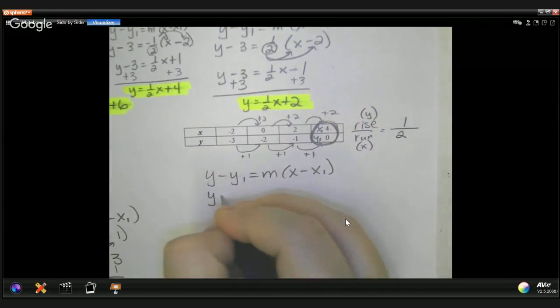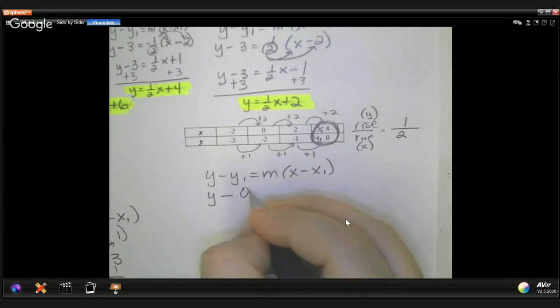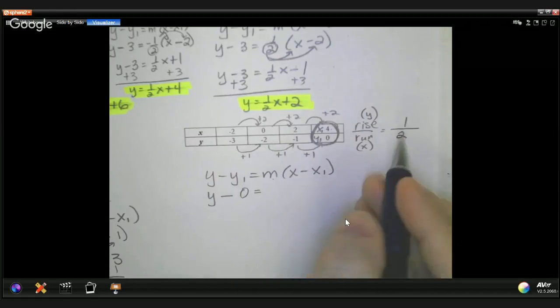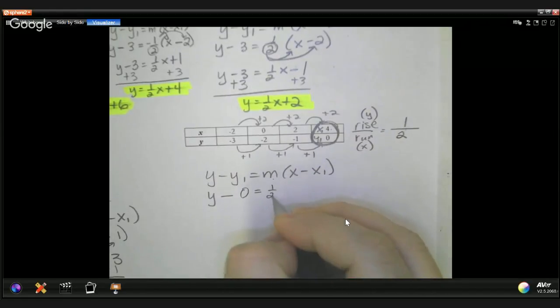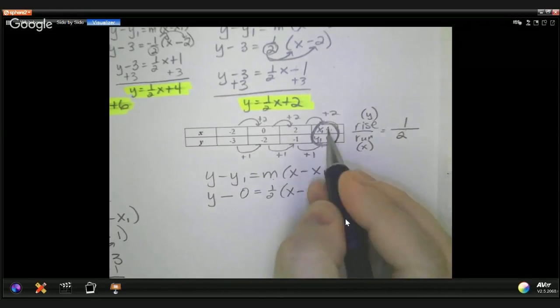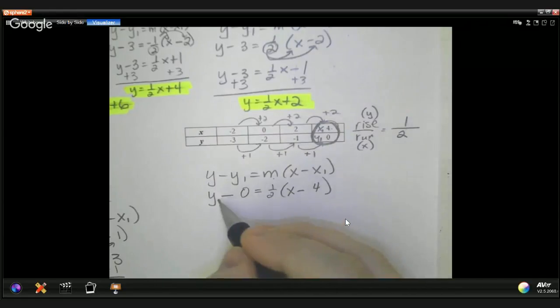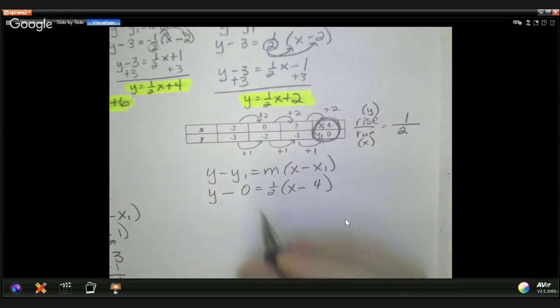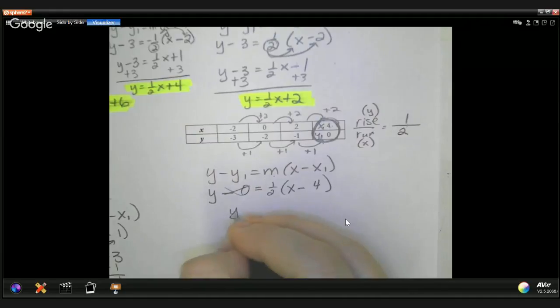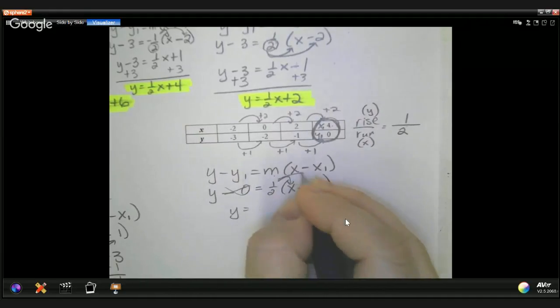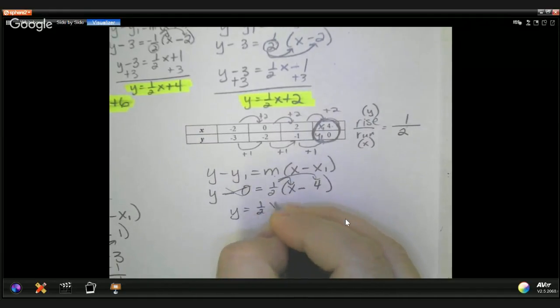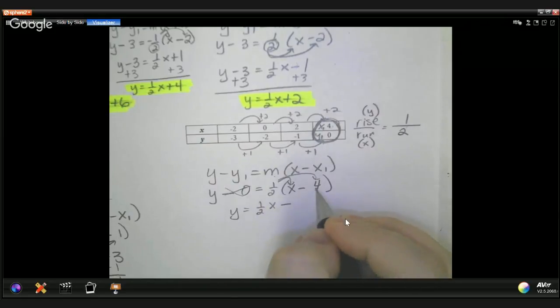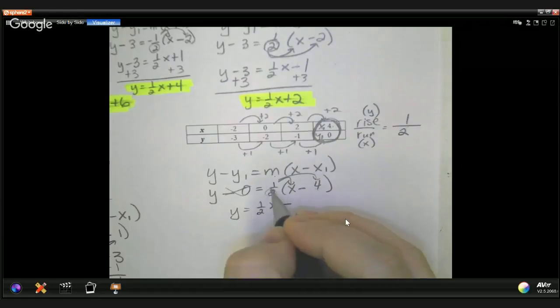So it'll be y minus my y1, which is 0, equals my m, we just found is 1/2, x minus x1, which is 4. Well, y minus 0 really doesn't do anything. So now I just have to distribute. So I get 1/2 x, and 1/2 times 4 is 1 times 4 divided by 2, which is 2.